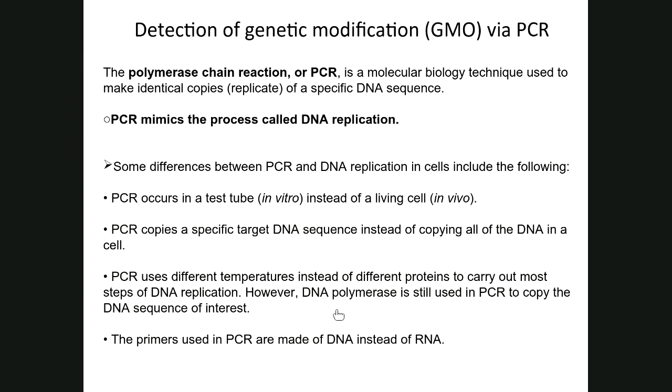Now another difference is that in a living cell, when DNA replication occurs, this enzyme DNA polymerase, in order to locate the DNA that it needs to replicate, needs the help of short single-stranded pieces of RNA. We call these RNA primers.